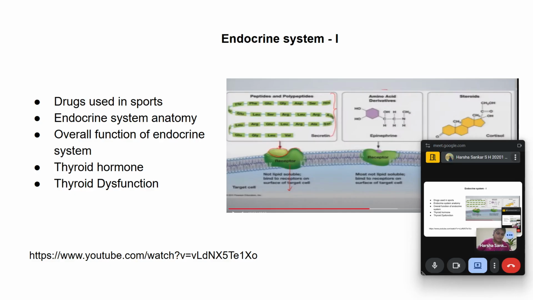In the endocrine system, in one lecture, sir started the class by showing some famous sports people. But all those people had used some drugs which are banned in sports. Sir specifically told about EPO, or erythropoietin, which we know is a protein involved in red blood cell formation.